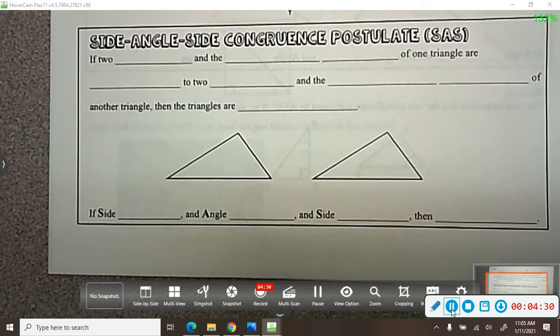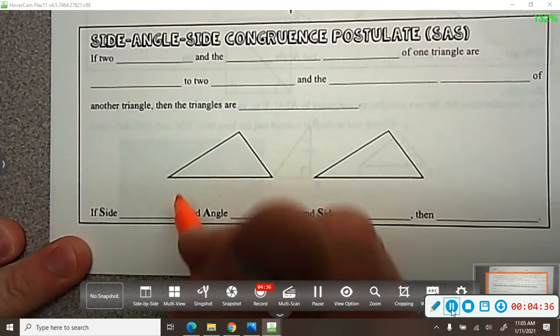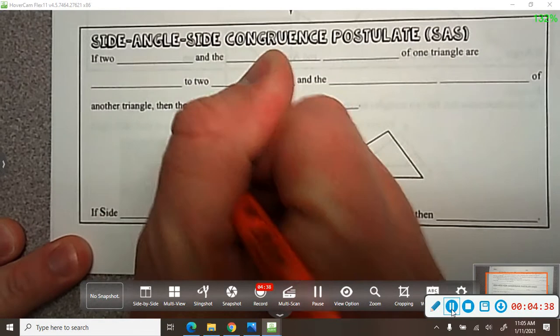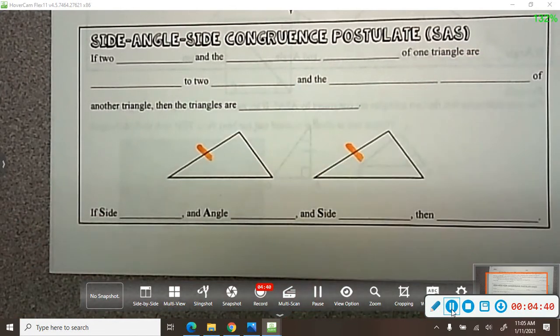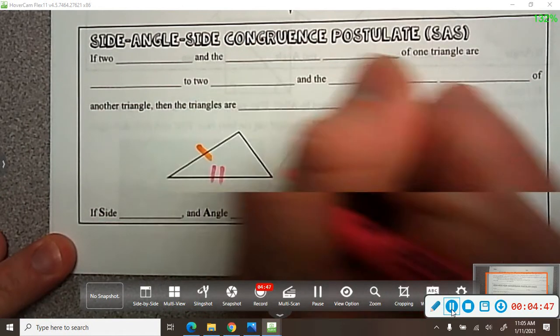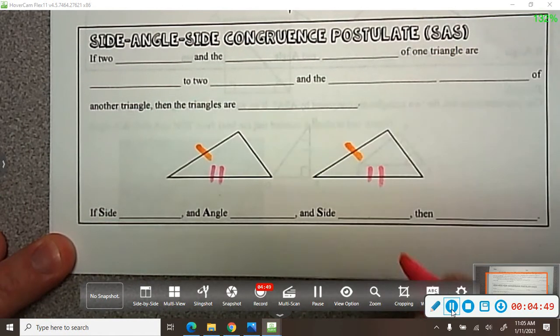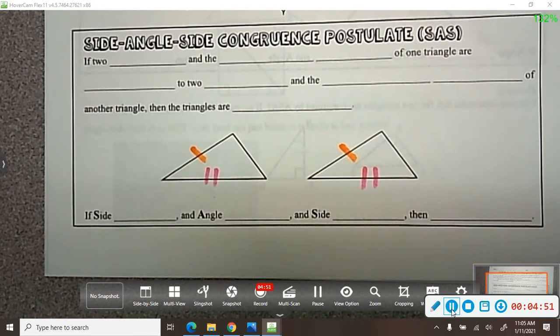Another theorem is called the side-angle-side. If you know that a side equals a side, and you know a side equals a side, and then you also know about the angle, and it has to be the angle in the middle of the two sides.